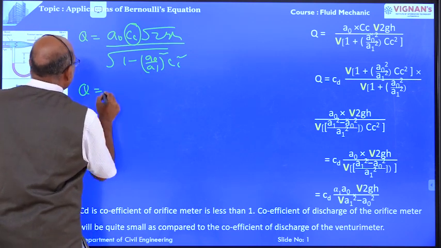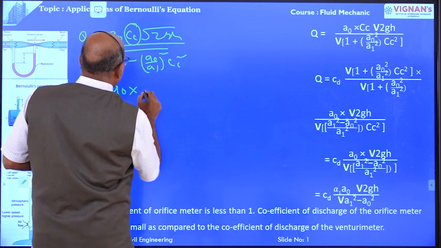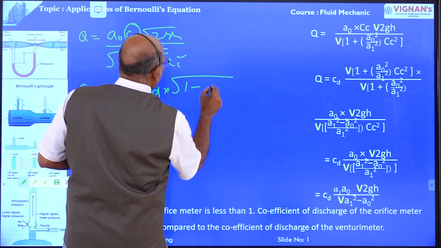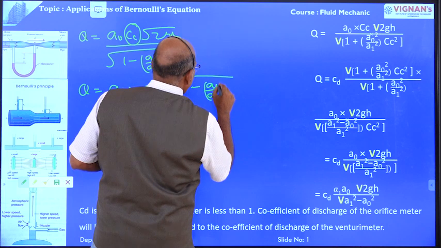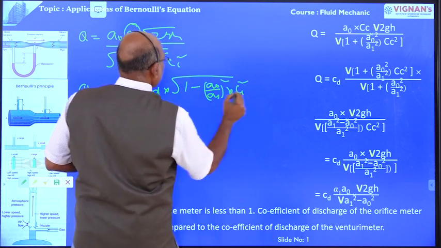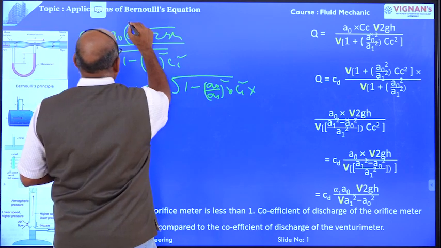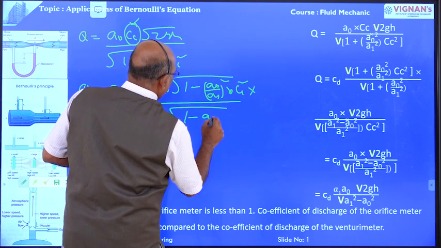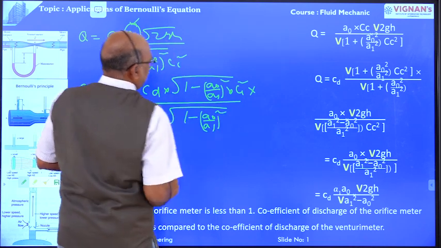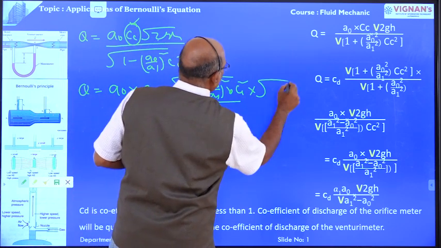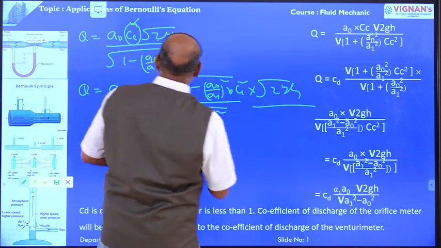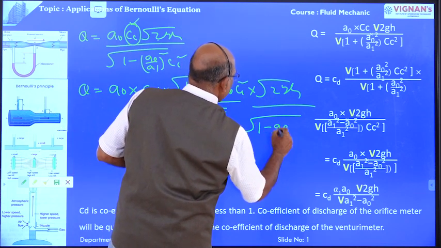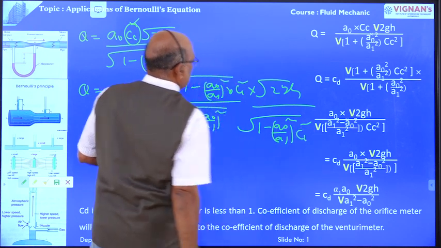Therefore Q is equal to A0 into CD into square root of 1 minus (A0 by A1) square into CC square, first substituting the CC value, divided by square root of 1 minus (A0 by A1) square, into root 2gh divided by square root of 1 minus (A0 by A1) square into CC square.